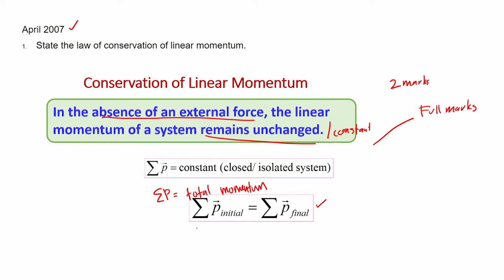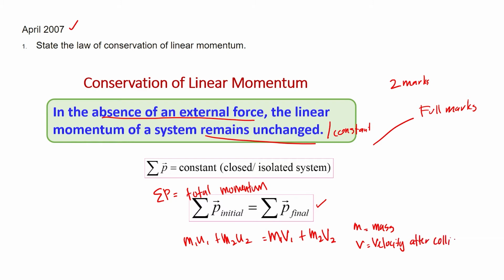You also can write M1 U1 plus M2 U2 equals M1 V1 plus M2 V2. But you have to define all the terms. So M is a mass, and V is a velocity after collision, and U is an initial velocity.